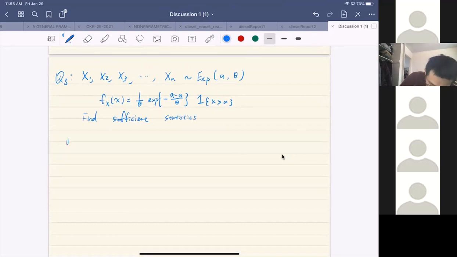Okay, so now we have the f. I usually use this notation.